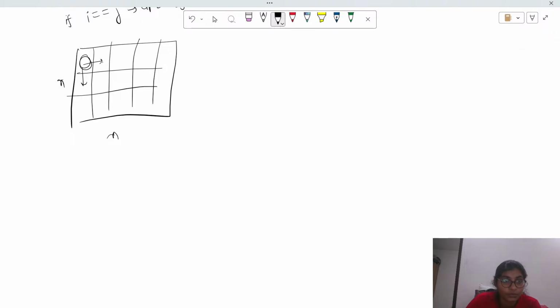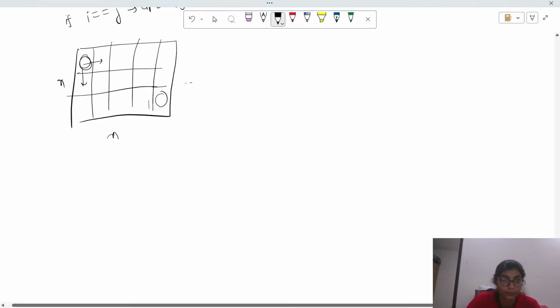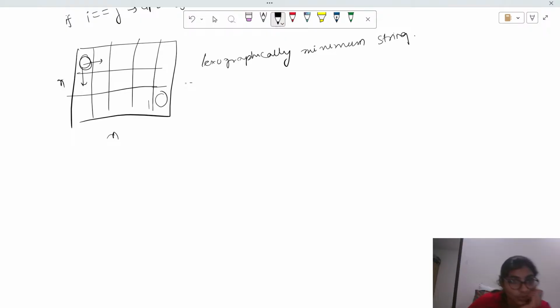We have to go from top left to bottom right, and we have to find out the lexicographically minimum string. This seems quite tricky because we have to find the lexicographically minimum string.